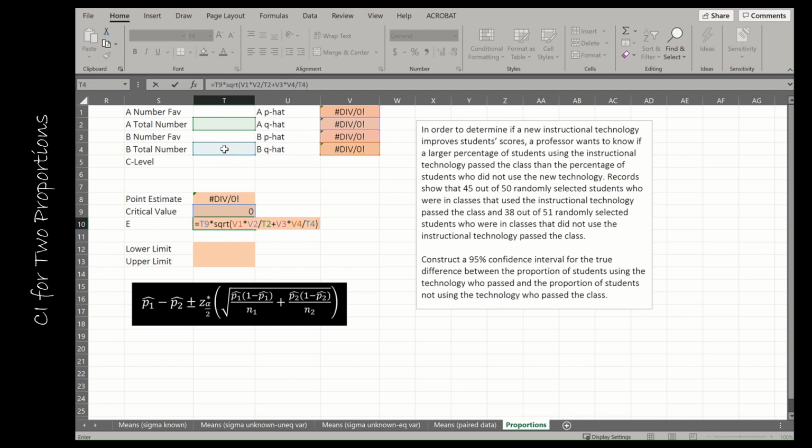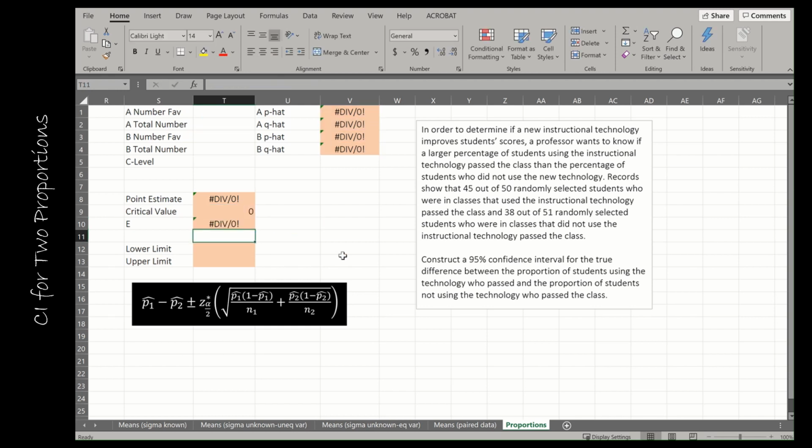And I didn't have to do anything crazy with parentheses there because Excel will go left to right with multiplication and division, and then add those two values together, and that's what I want. So that's all I need for E. And then the lower limit will be my point estimate minus E, and my upper limit will be my point estimate plus E.